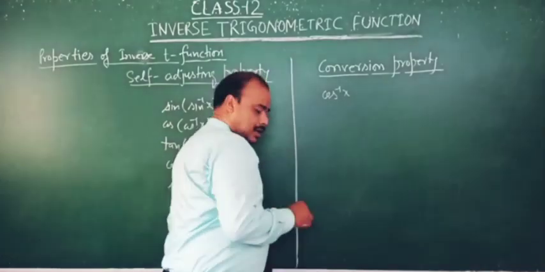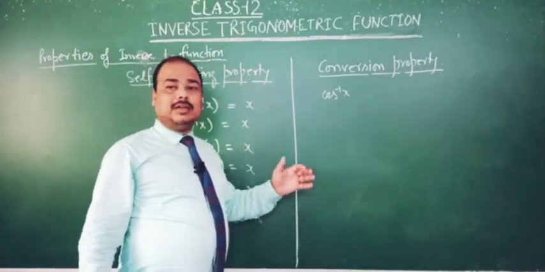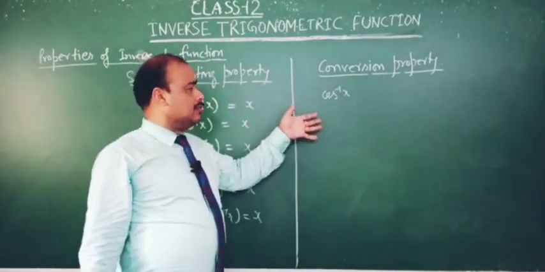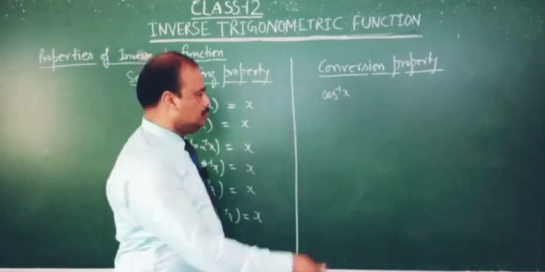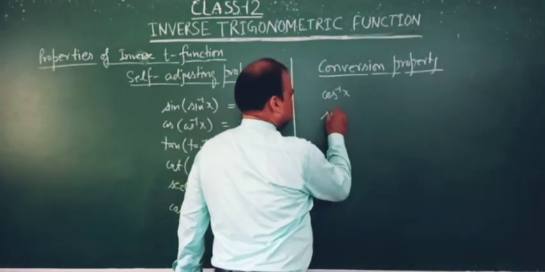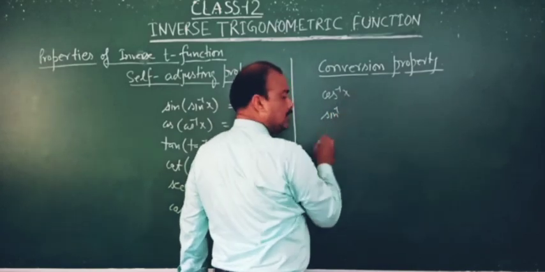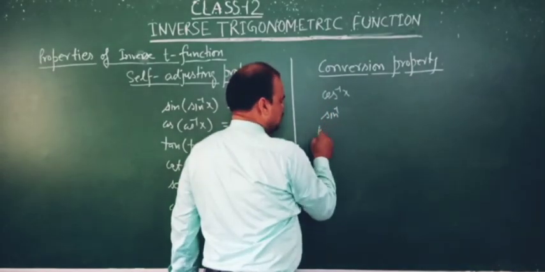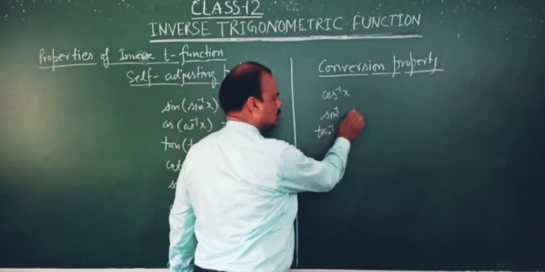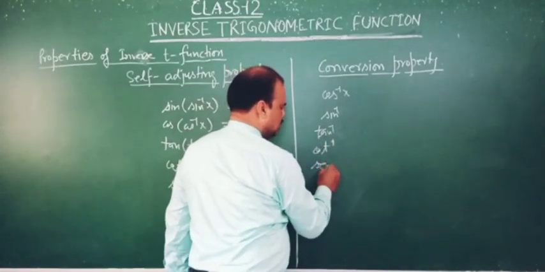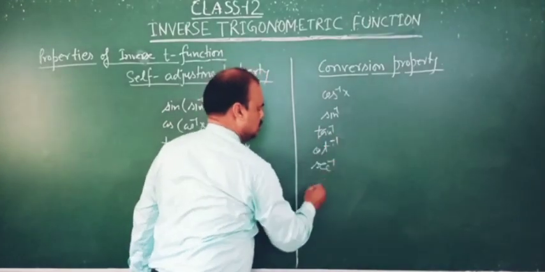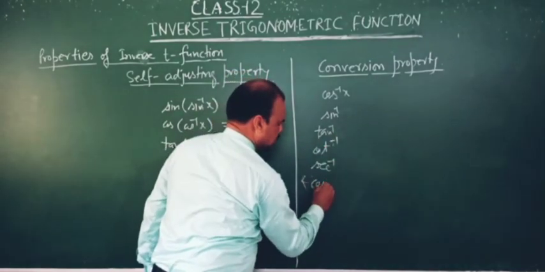Now we have to find the value of the other 5 inverse trigonometric functions, like sin inverse, tan inverse, cot inverse, sec inverse, and cosec inverse.